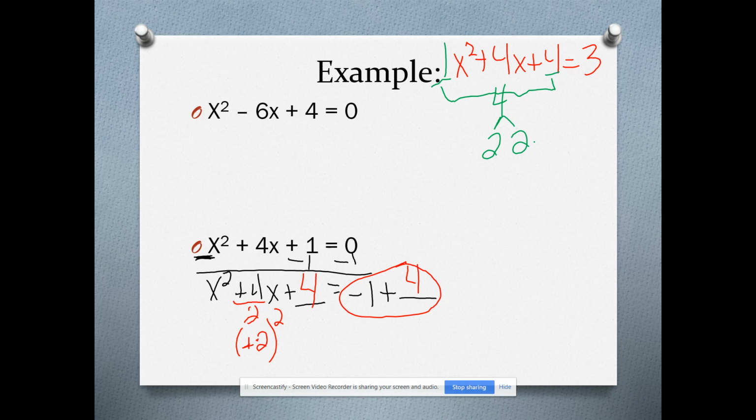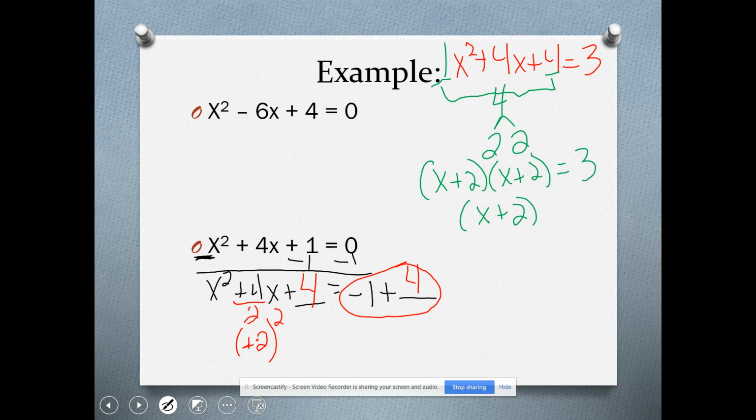So whatever your preferred method for factoring is, you end up with x plus 2 times x plus 2 is equal to 3, which remember we can say, since I see the x plus 2 exactly identical twice, we write it as a square.